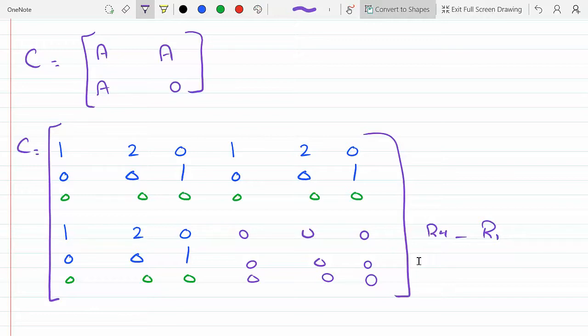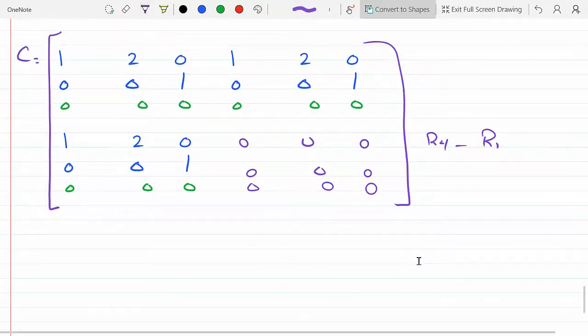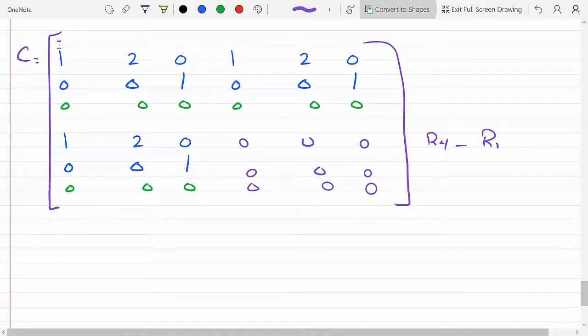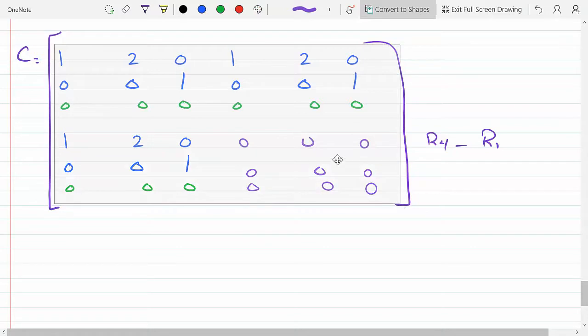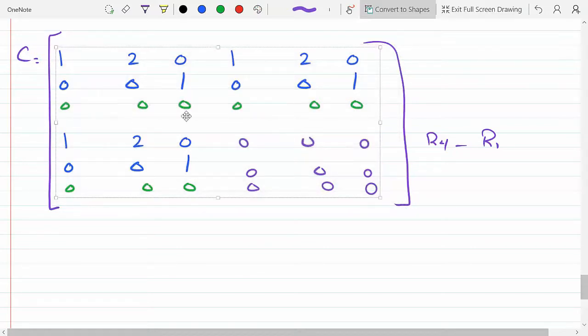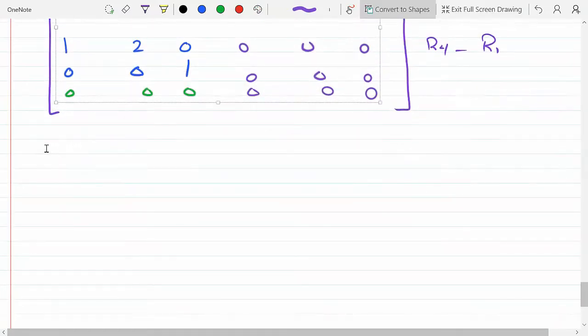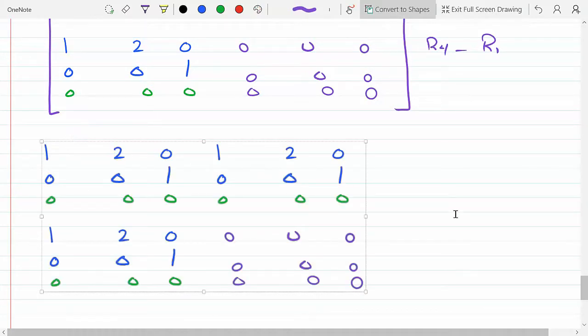Yeah, that's correct. That would get me, I'm going to copy this whole thing so I don't have to rewrite it. And if I do that, I will change row 4.